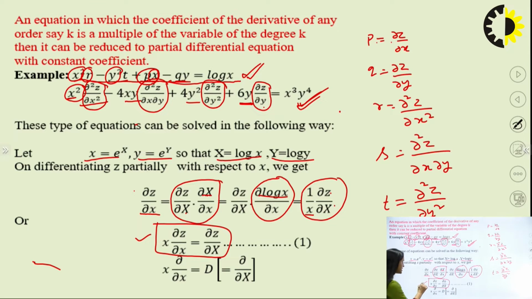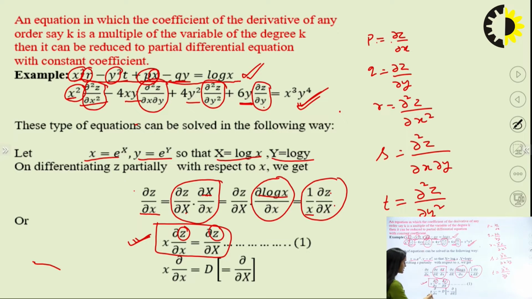So if we see this equation very carefully, we will get x into del upon del x is equal to, or we can say it is equivalent to del upon del of capital X, because the same operation is being done.